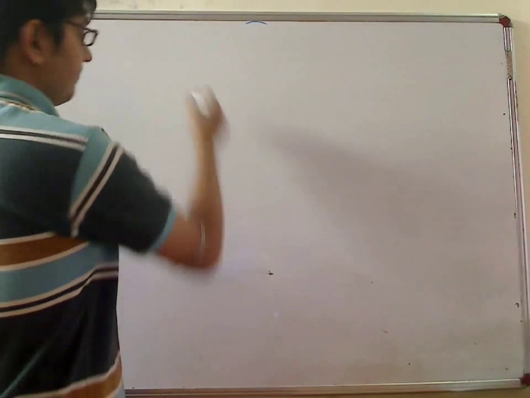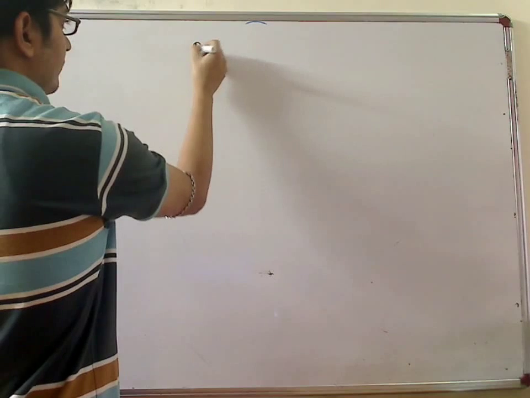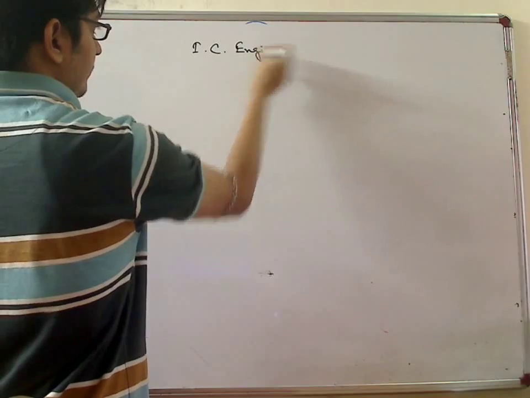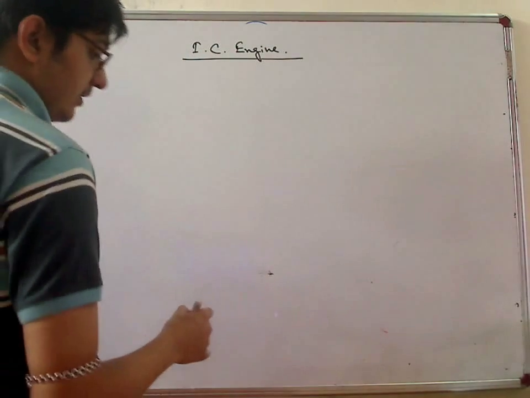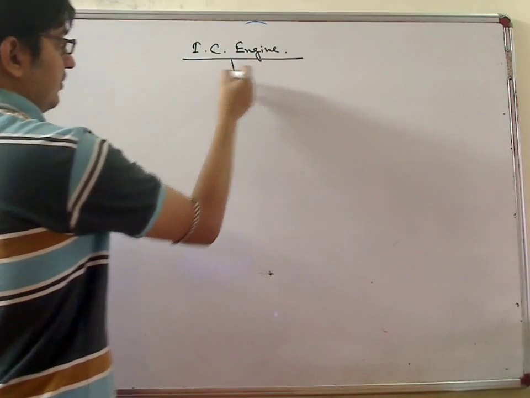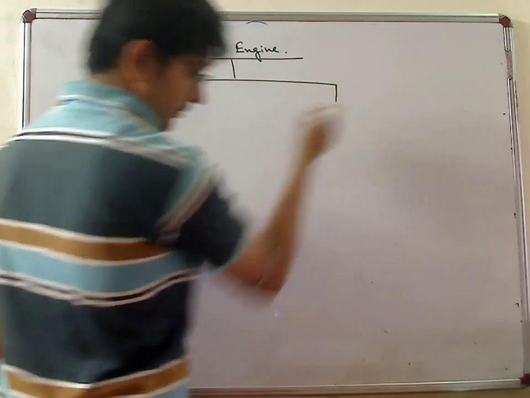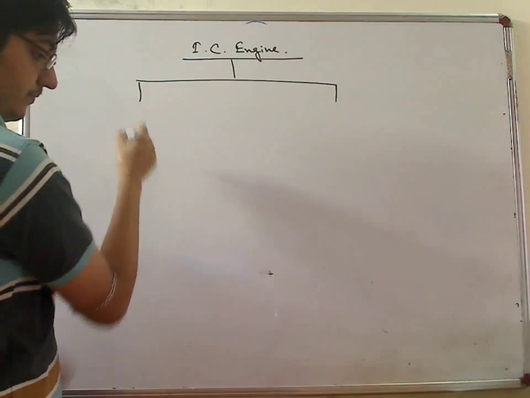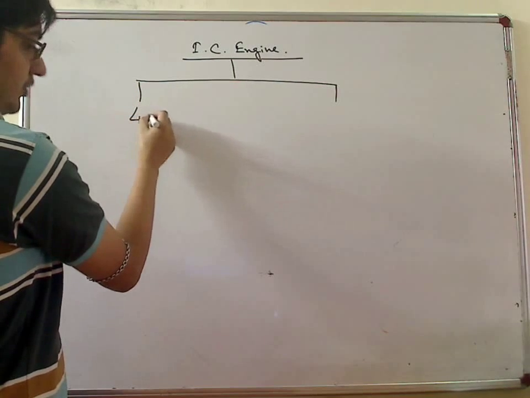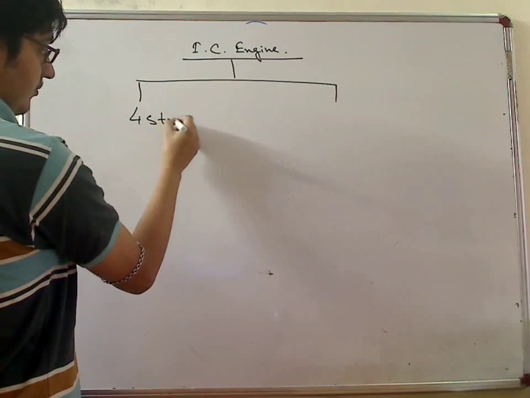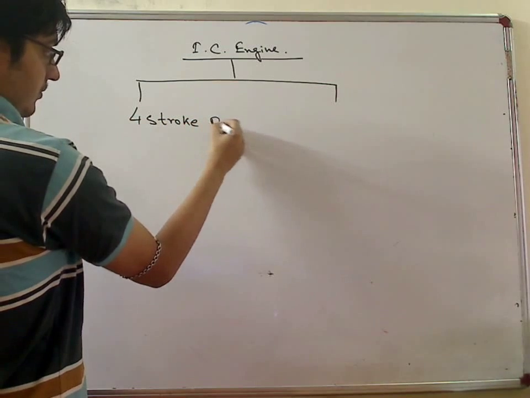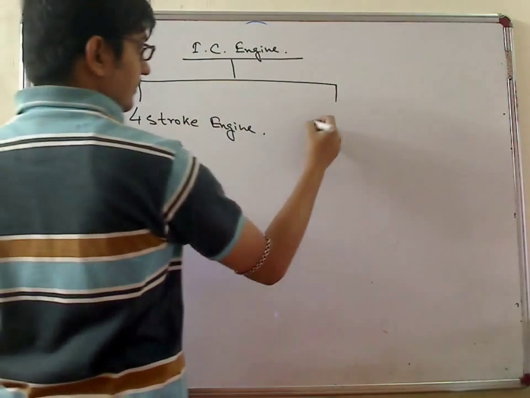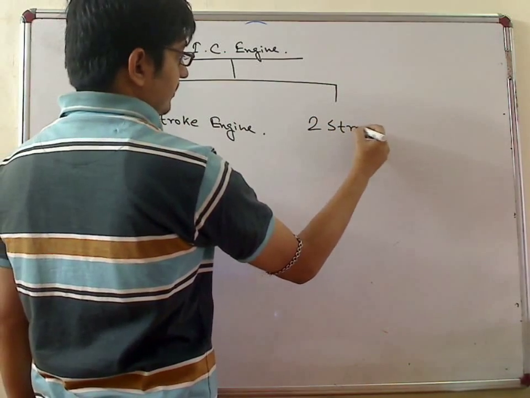Now IC engine is broadly divided into two categories. One is 4-stroke engine and another one is 2-stroke engine.